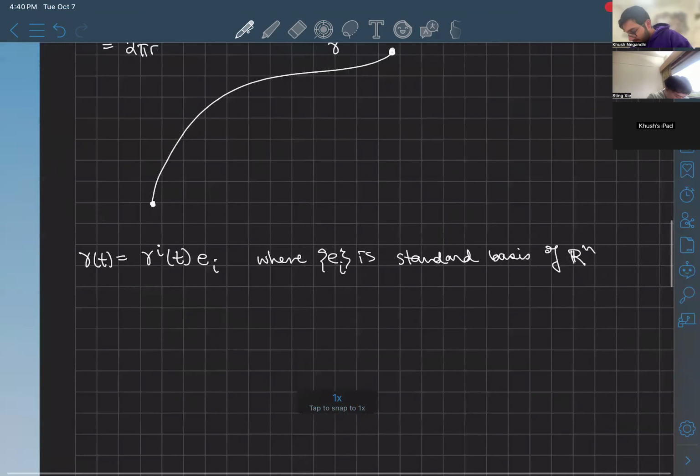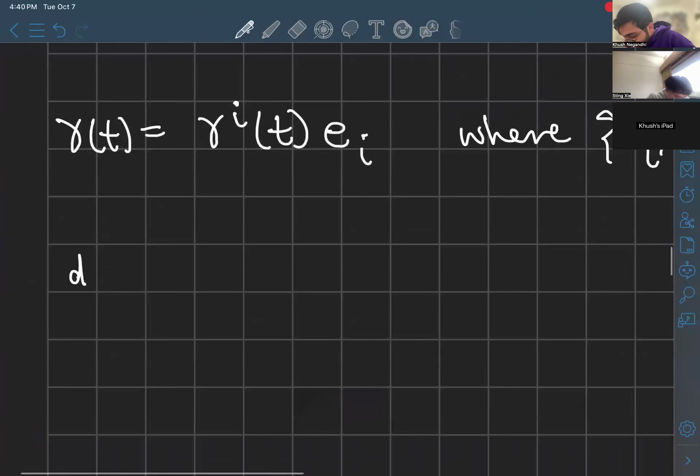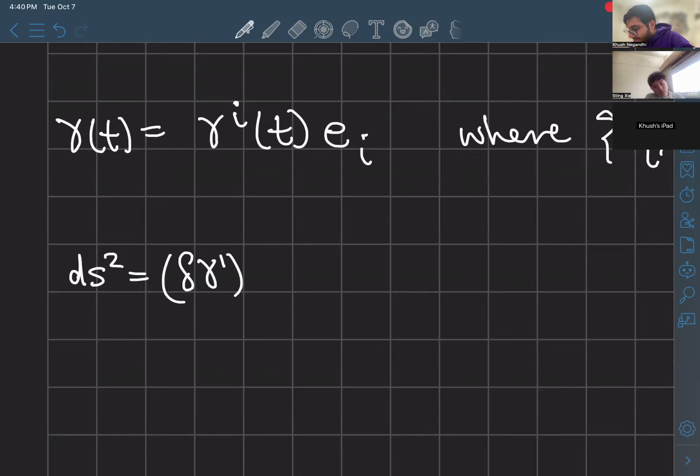Okay, so I'll write this as ds squared. I'm going to use Pythagoras. I move a delta distance, so I move a delta gamma 1 and then square it. And then using Pythagoras, I get this weird looking formula, right?